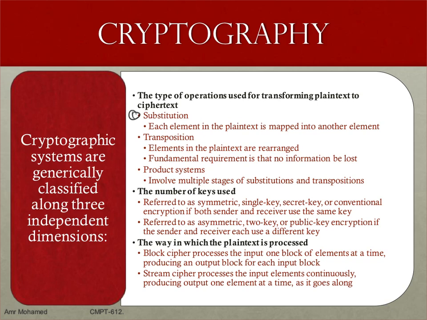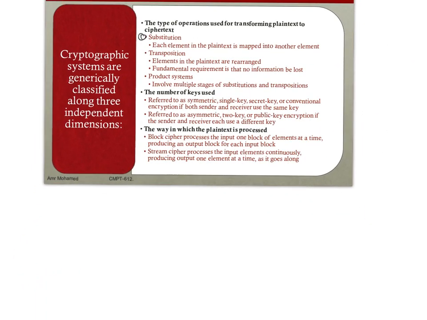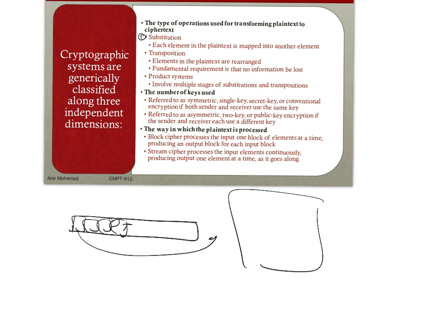One is substitution. By substitution here we mean that the encryption algorithm takes the plain text and divides it into smaller pieces. We take each piece, and then we have some kind of a lookup table.